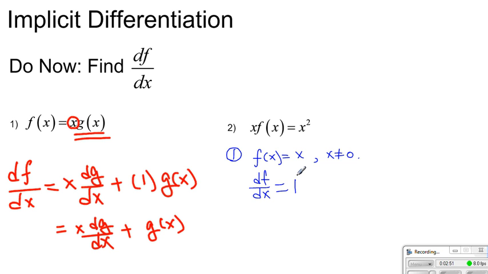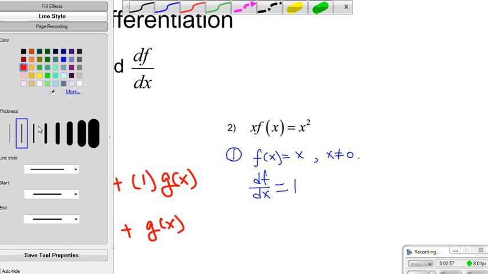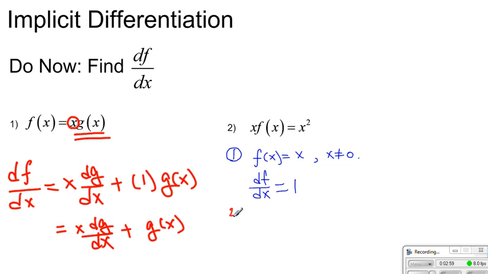Now, what if we do this one a little bit differently, using the second strategy? Instead of solving for f of x, what if we just use the product rule? Because just like the earlier question, we see the product between x and f of x.